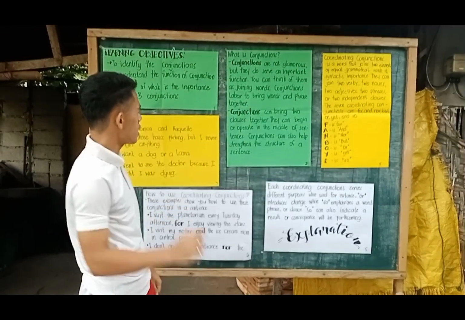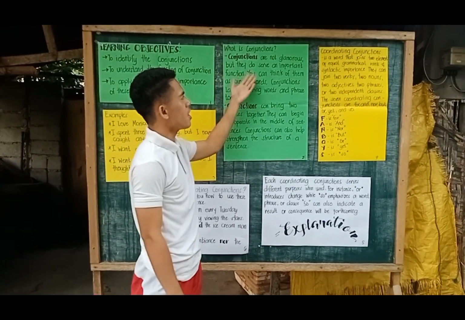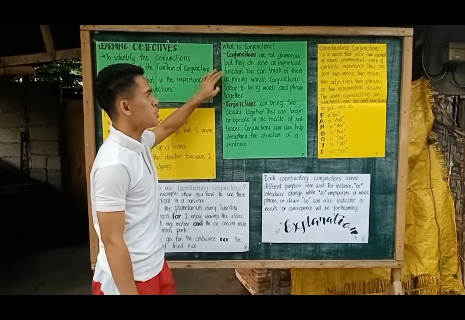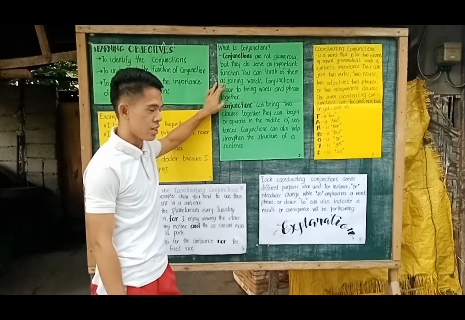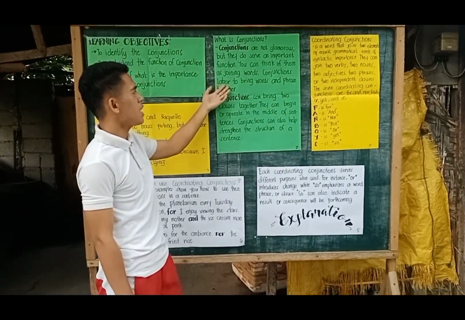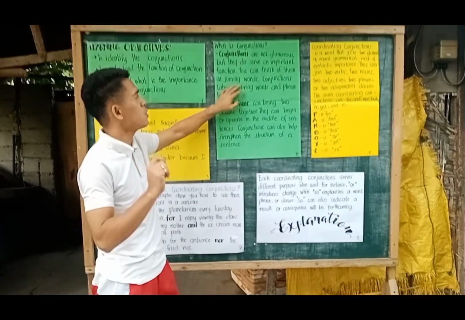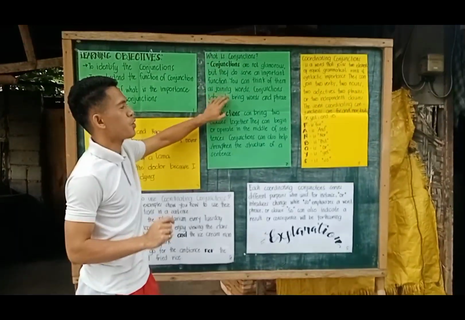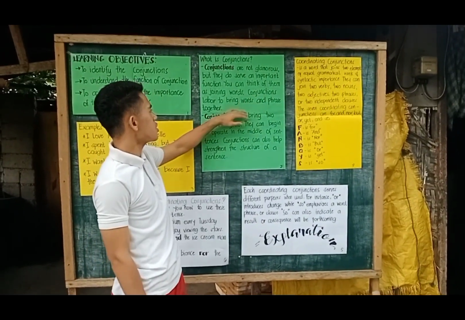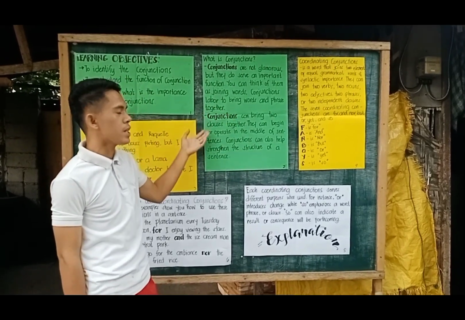So what are conjunctions? Conjunctions are not glamorous, but they do serve an important function. You can think of them as joining words. Take note that the conjunction is a joining word, and conjunctions labor to bring words and phrases together.